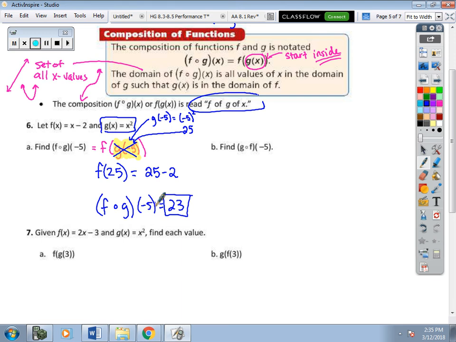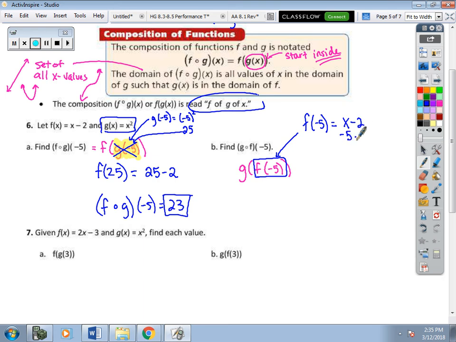Okay, the next one, we have the same question but in reverse. So this is g of f of negative 5. This time we'll start inside and find out what f of negative 5 is. So the f function was x minus 2.